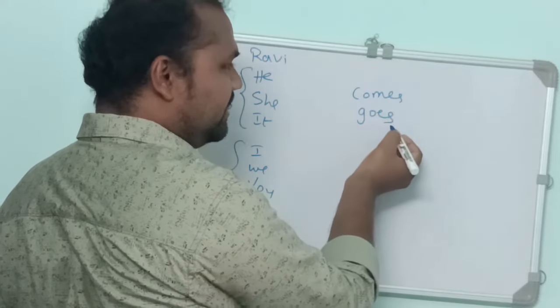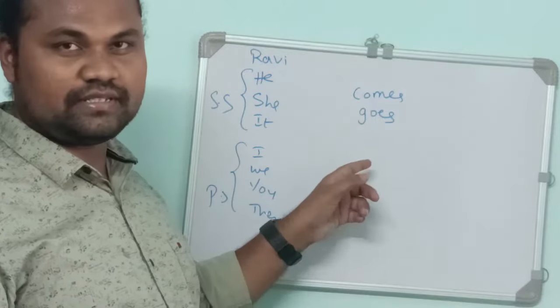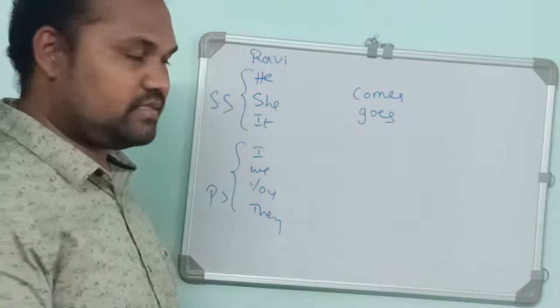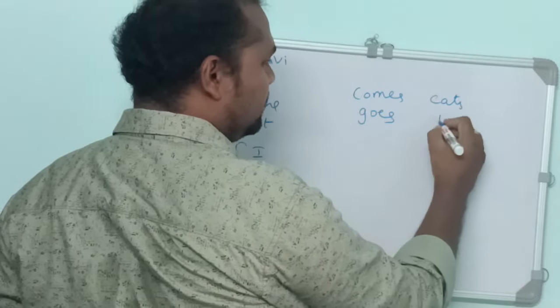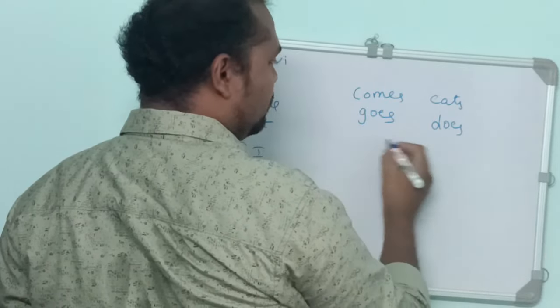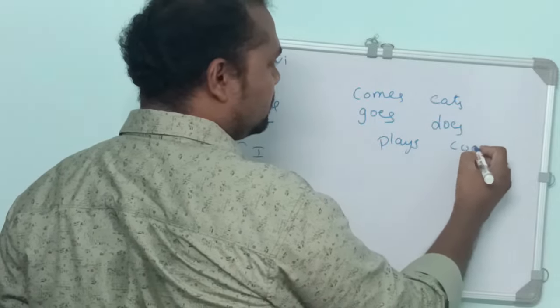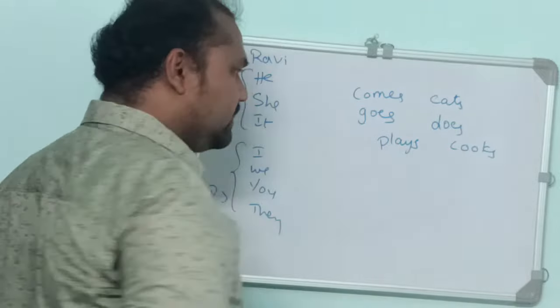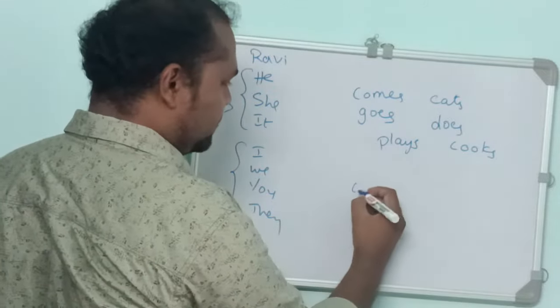Comes, goes, yes or es. A singular verb is a word that ends with s or es, as eats, does, plays, cooks.